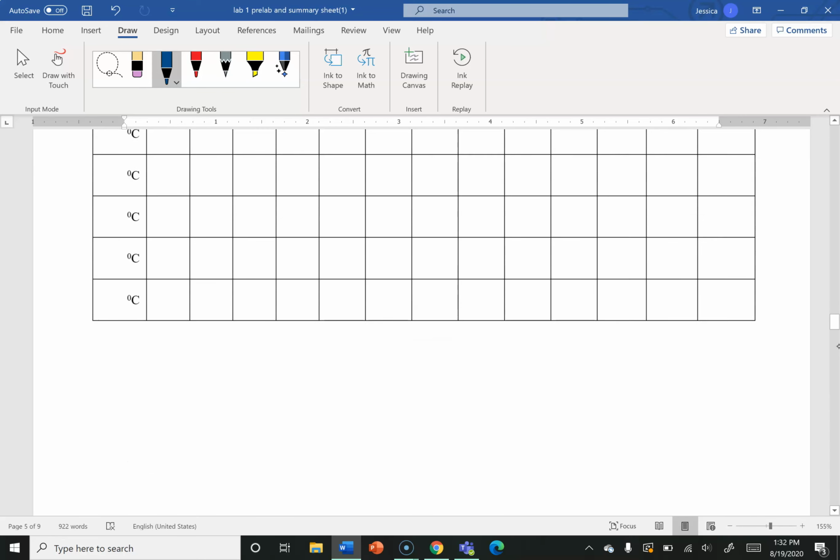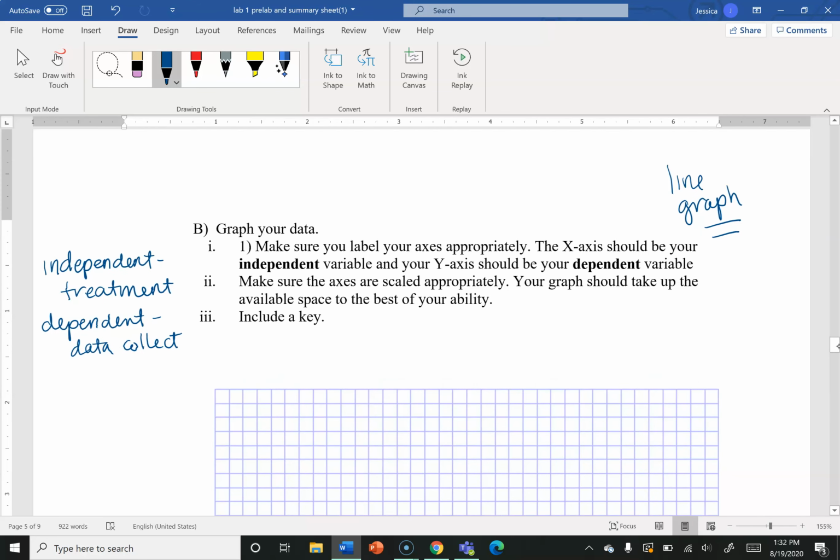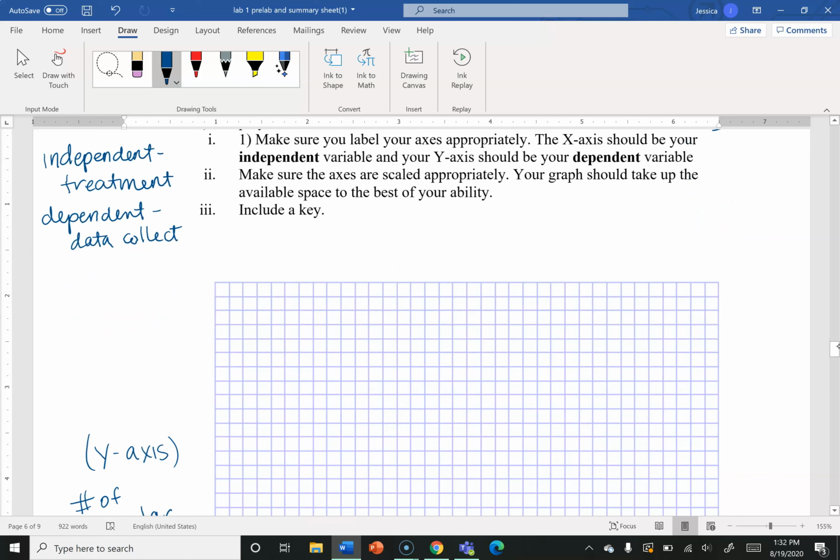When you make your graph, you should draw a line for your fish and for the average. Now, I didn't mention that in class. We ran out of time.